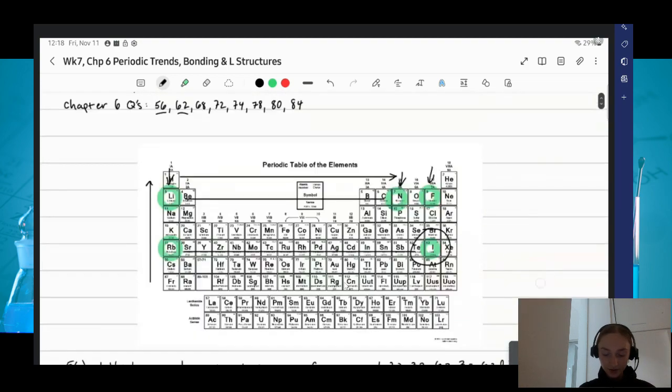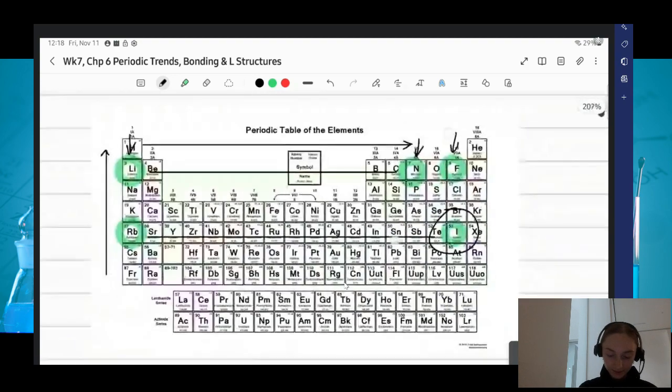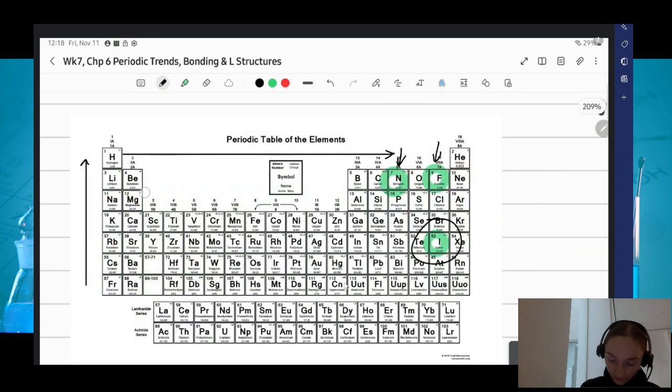Okay, so we have oxygen, and we have sulfur, and we have silicon, and we have magnesium.